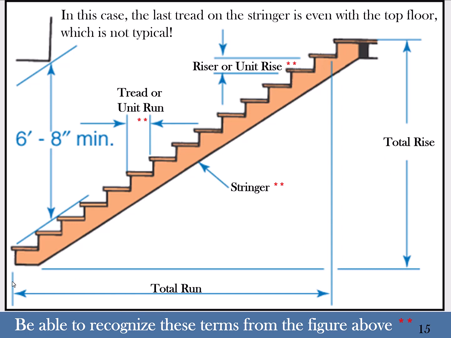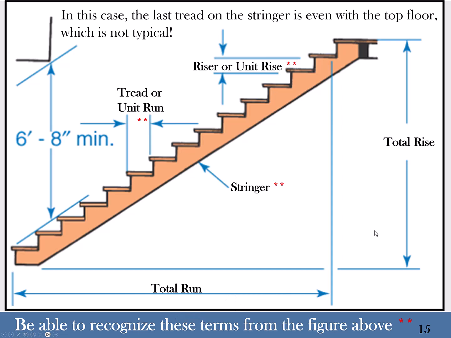It might dictate whether you have to change direction just because you're running out of space for stairs. Another thing on this page is that 6'8" clearance level with maybe a beam or something. 6'8" is 80 inches. So that's an important number we use in the commercial and residential codes. So you should be able to recognize these terms from a picture like this.